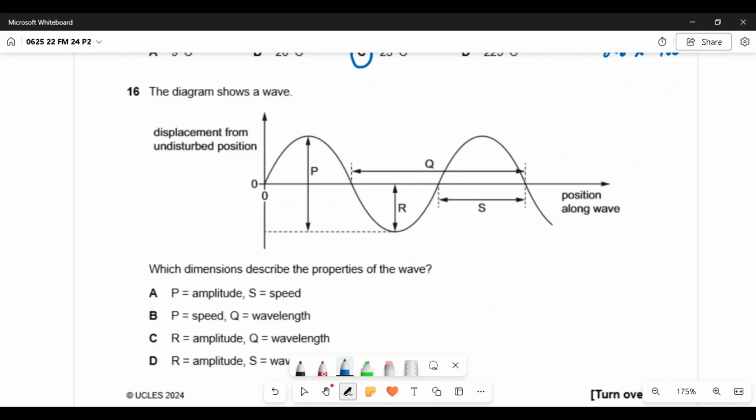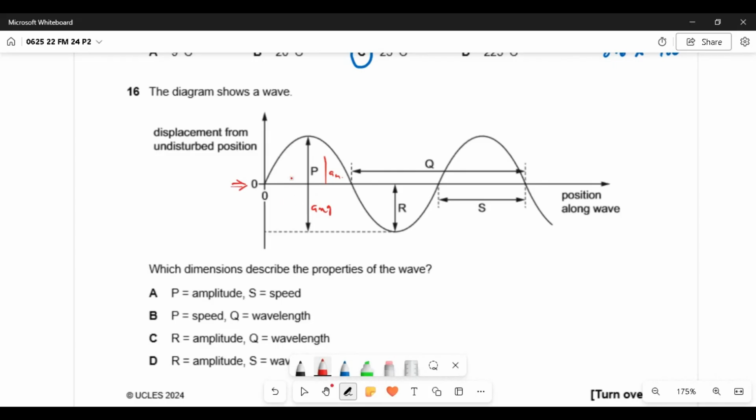Number 16, the diagram shows a wave. The y-axis is showing the displacement from the undisturbed position. So this is the rest position, and this is the maximum height attained. From here till here at the top is the amplitude.